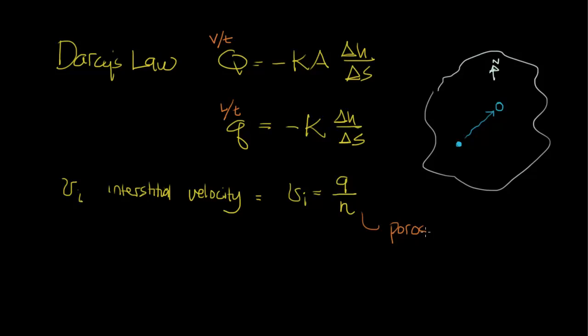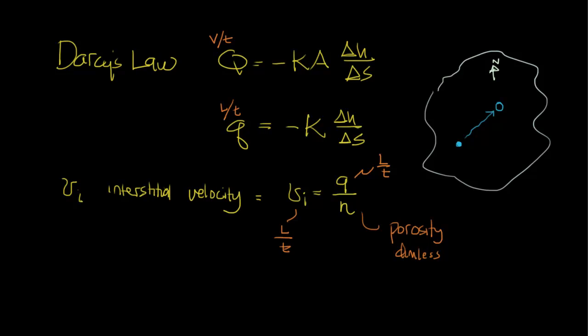And remember too that this is dimensionless. So that means that q and the interstitial velocity are going to have the same dimensions, which should make sense, right? Because q has the dimensions of length per time. That's a velocity dimension, and so the interstitial velocity should also have dimensions of length per time.